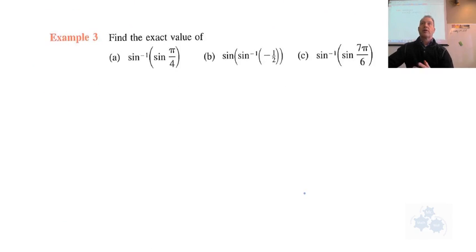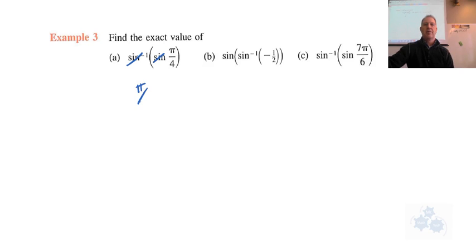I got 2 more examples for you. 7.5 here. These ones are actually a lot easier than they look. They look really complicated, but when you take the inverse of its own function, it eliminates it, right? So I'm not really sure how much work I need to show you for this, but if you ever come across this where you have the inverse and this composition function, you have the inverse of this function inside the function, then basically these just cancel out, right?